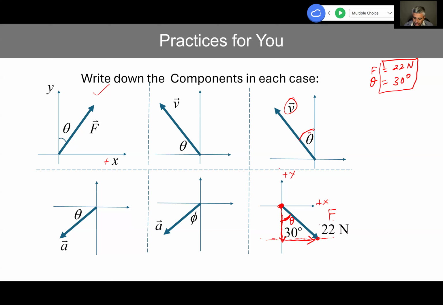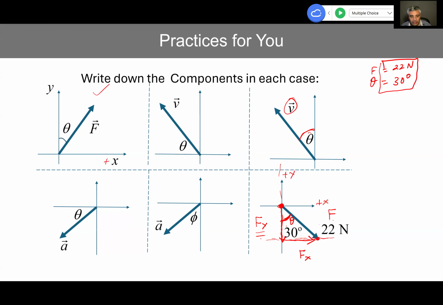So this is along the y-axis. This component is called the y component of the given vector. See, this is Fy. And this is the x component now. See that? So now, in this case, is the y component adjacent or opposite to the given angle?